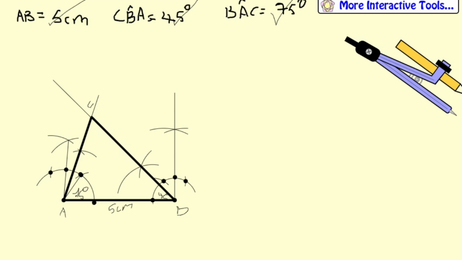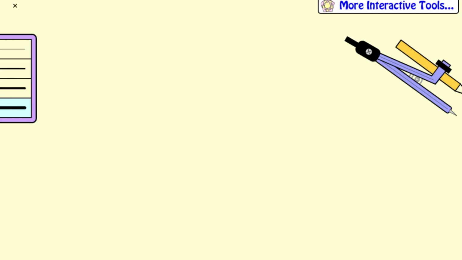Let's do one last one. Let's go through this quickly. AB, we're going to let AB equal 5 centimeters again. B, A, C, we're going to do this one as 120.